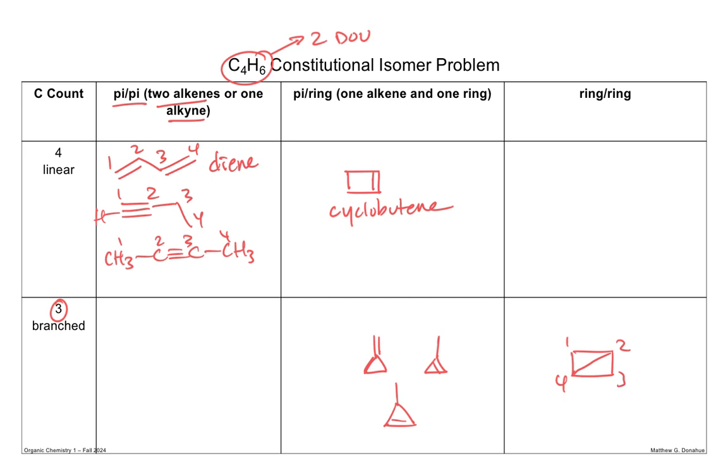What you'll find with this type of problem, especially when we start adding heteroatoms in, these are not small sets of compounds you can draw. I mean, you can get past 20, 30 different constitutional isomers.